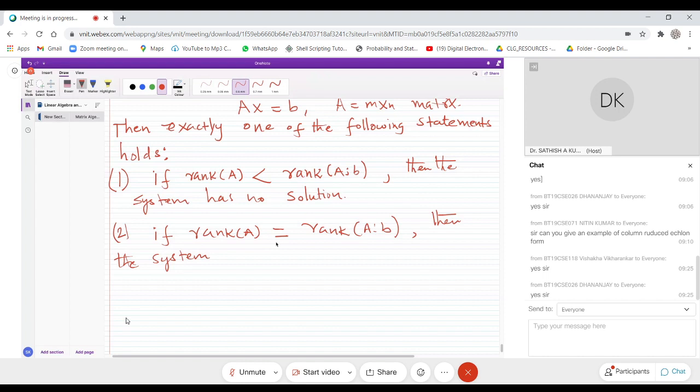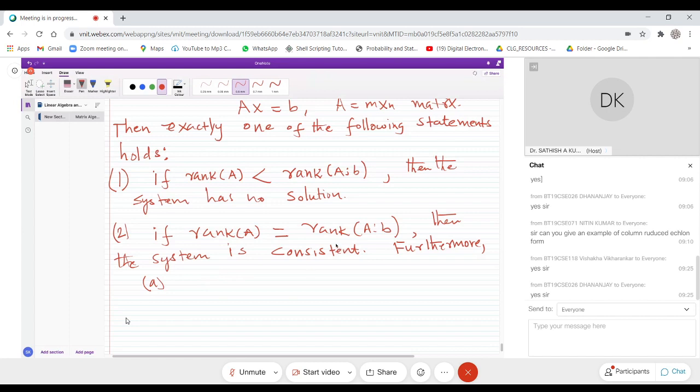So if the rank of A equals the rank of [A|b], then the system is consistent. Furthermore, we have two things: we'll have a unique solution and infinitely many solutions.